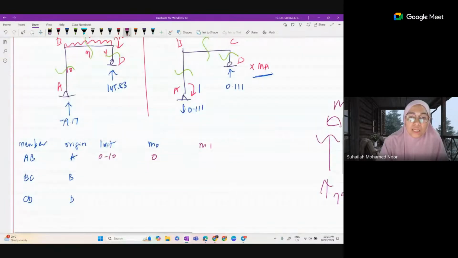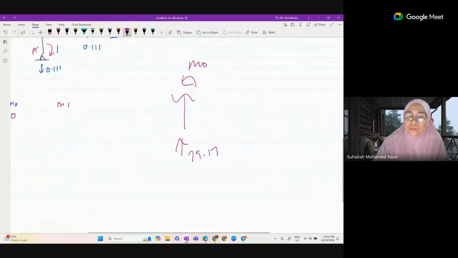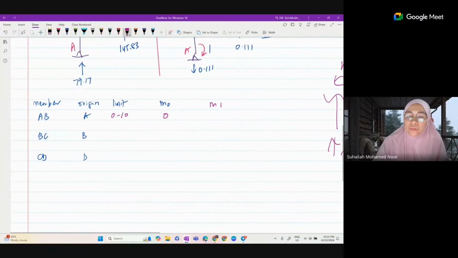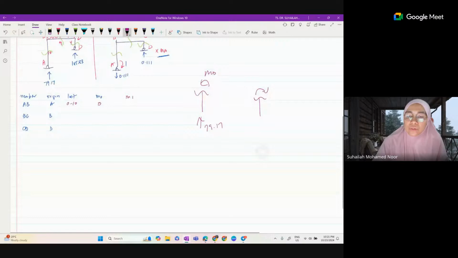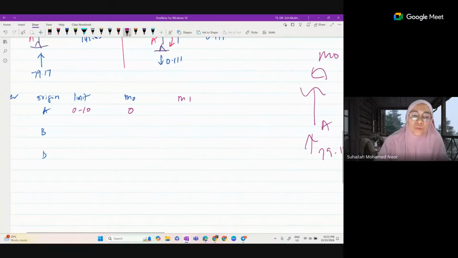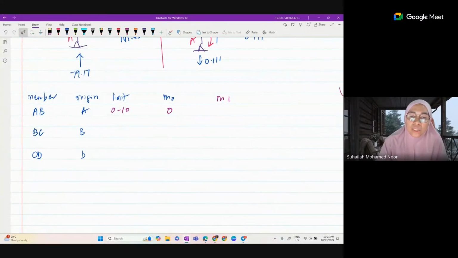Okay, for CD also, CD like this. CD tadi berapa? 145.83. This is M naught. This is D. This is A. Again, this is also 0. So CD origin D, it is 0 to 4.